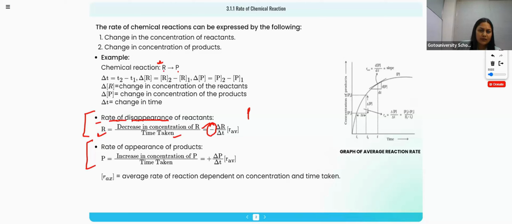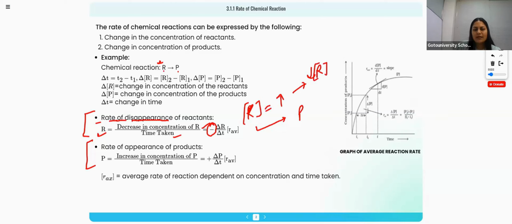Why? Because as I said at the start, the concentration of reactants is high. As the reaction proceeds to form a product, there is a gradual decrease in the molar concentration of reactants.